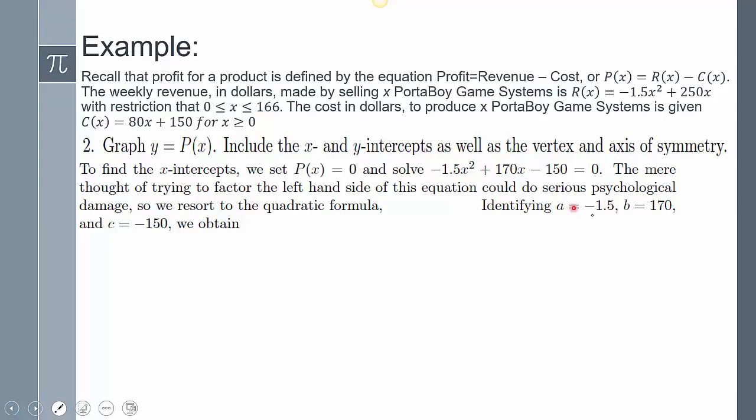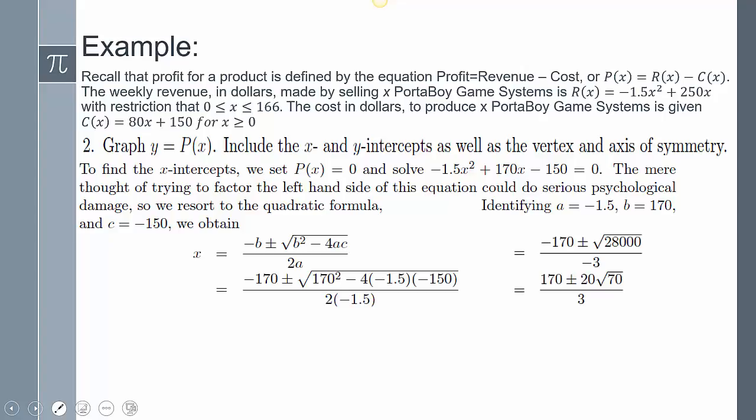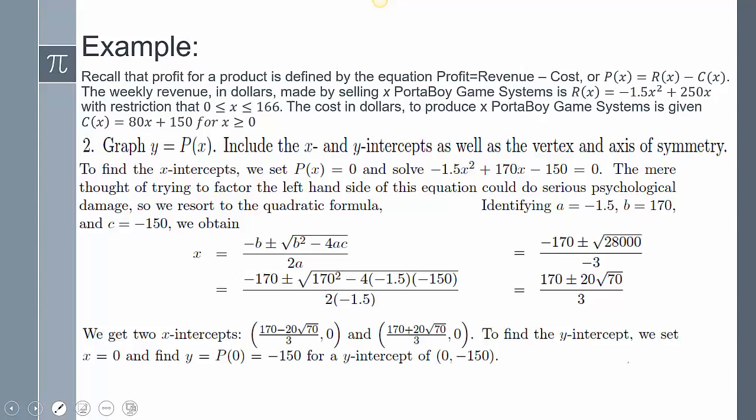So identifying what my a, b, and c are, I plug them into my quadratic formula. When I simplify it, I get 170 plus or minus 20 root 70, over 3. Those are my x values, and writing them as points, I have 170 minus 20 root 70 over 3, and then 170 plus 20 root 70 over 3.